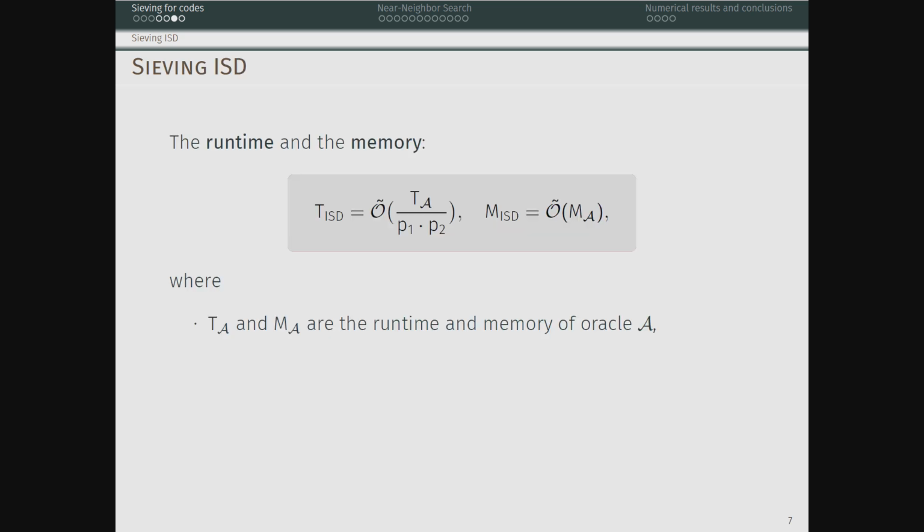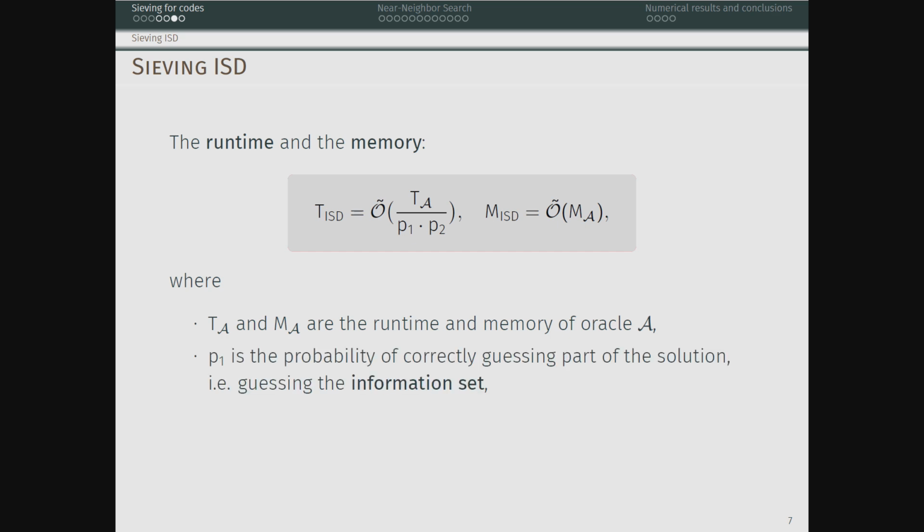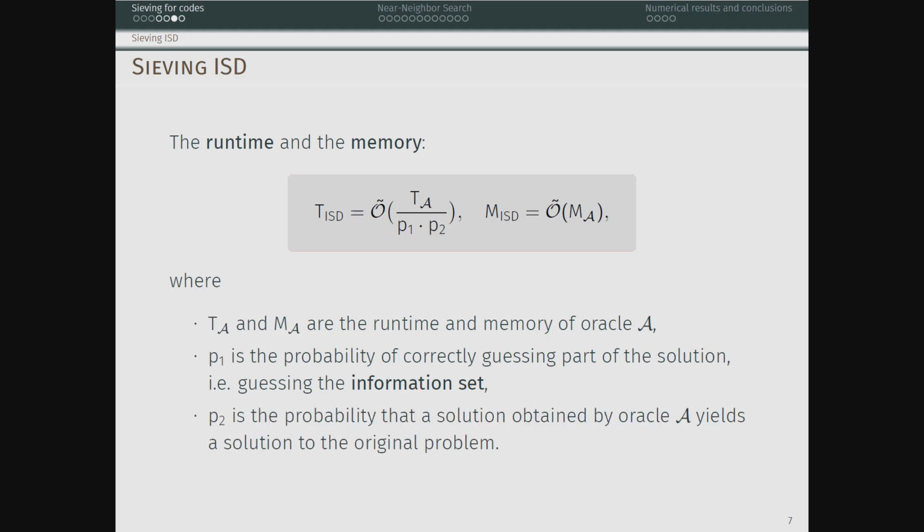What we know is that the running time of the ISD algorithms can be seen as the running time of this sieving oracle in the second layer of the algorithm. It also depends on the probability P1 that, in the information set decoding framework, you already guessed a part of the solution correctly, as well as that the oracle invoked by the information set decoding actually gives a solution to the original problem.